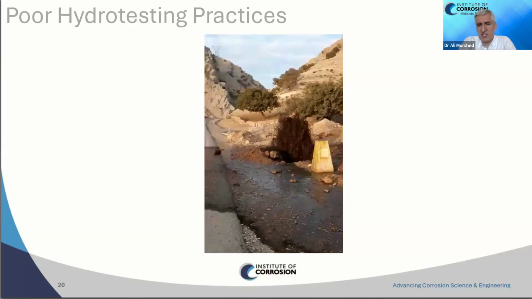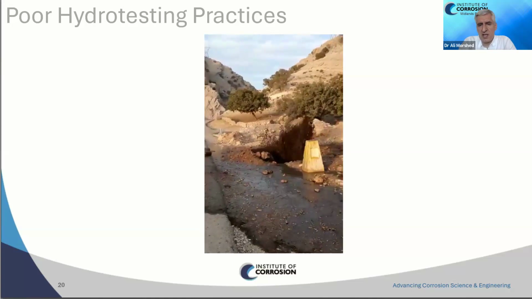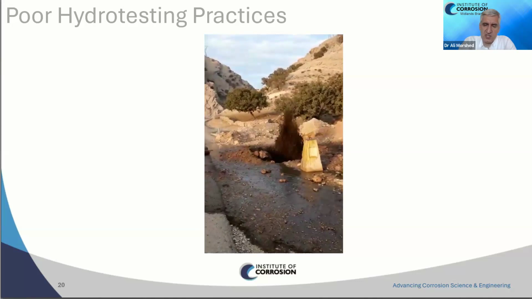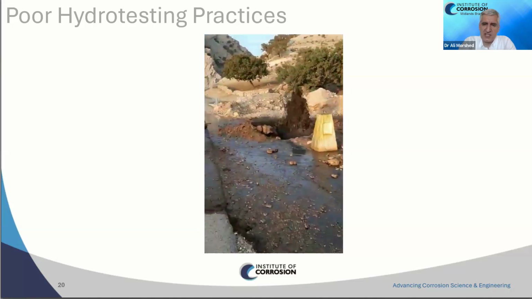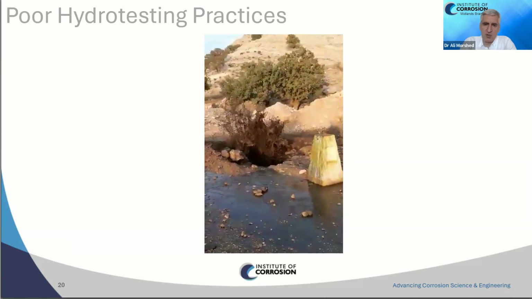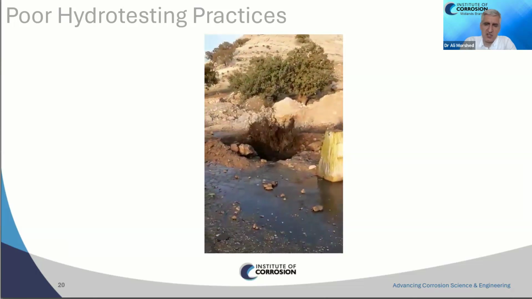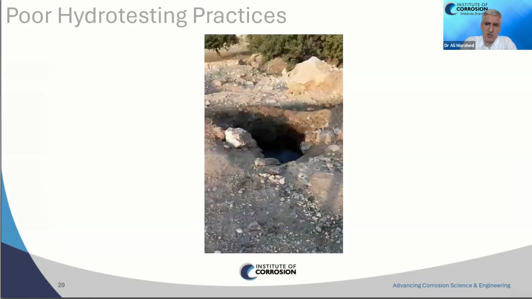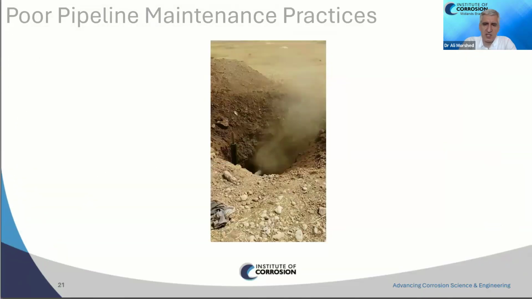So water was sitting there for months, and the pipeline had corroded. This was a brand new pipeline, to an extent that they couldn't use it to transfer natural gas to that city. So it was a waste of resources in every way that you look at it.